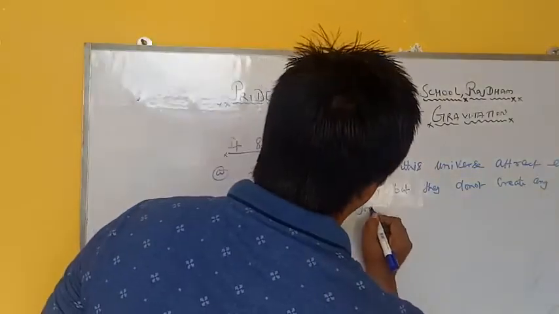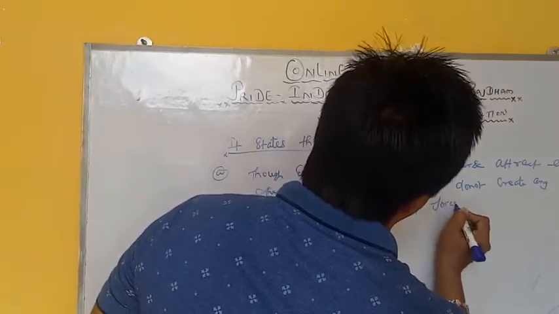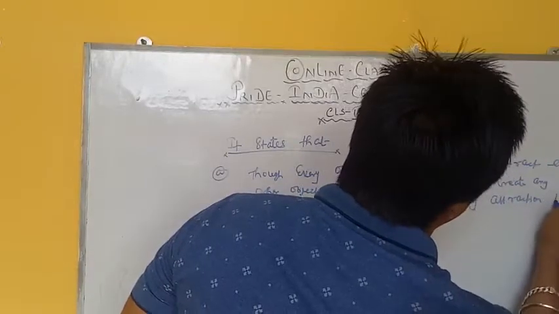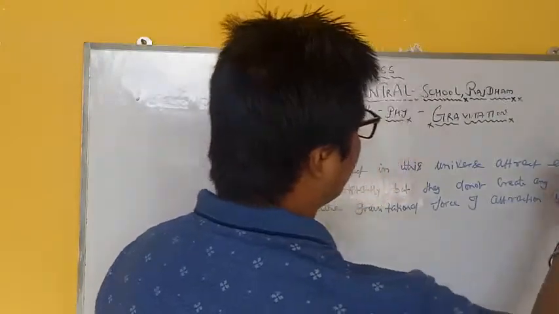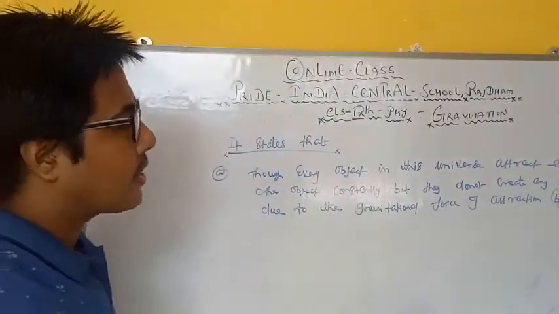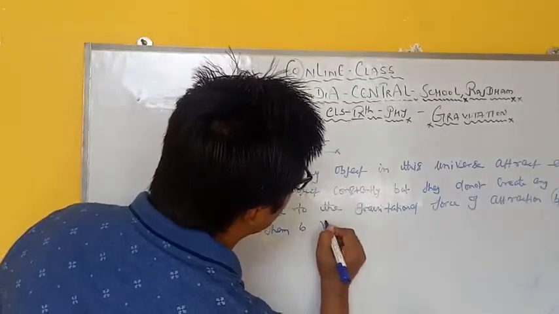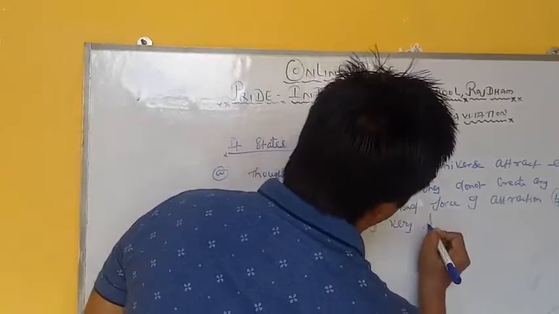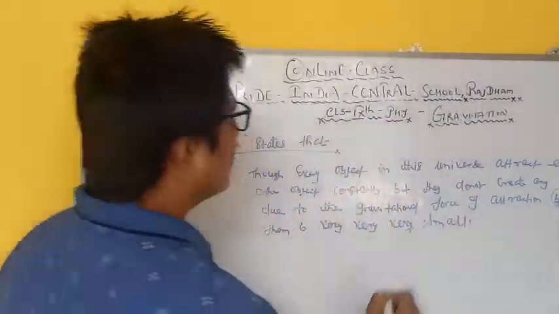Due to the gravitational force of attraction between them. B by W is between, I am always telling you, I write it as a shortcut. So, due to the gravitational force of attraction between them is very, very, very small.